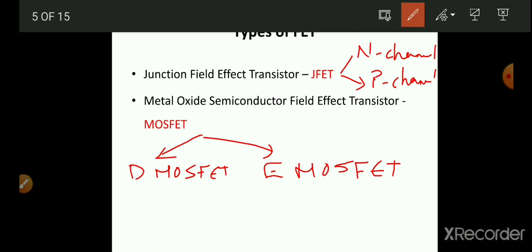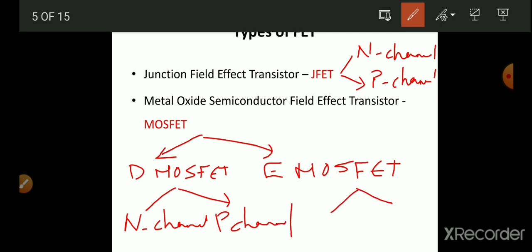D means depletion type MOSFET, and E means enhancement type MOSFET. Depletion type MOSFET can again be classified into N channel and P channel. The enhancement type MOSFET can also be classified into N channel and P channel. These are the classifications of MOSFET.